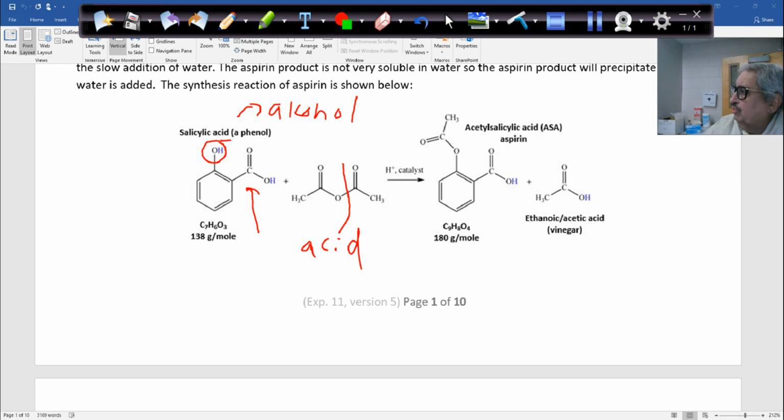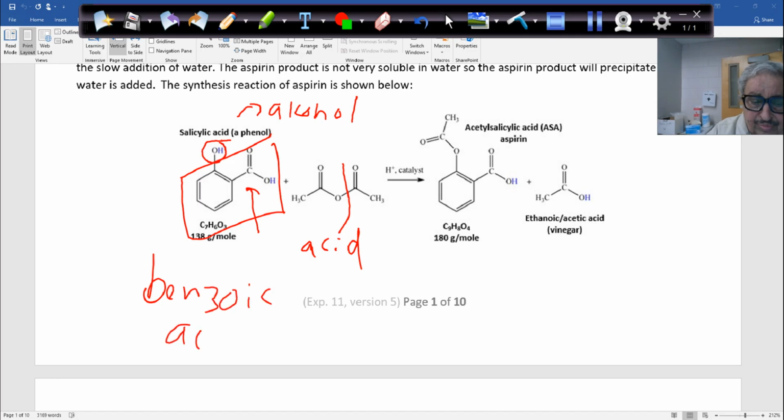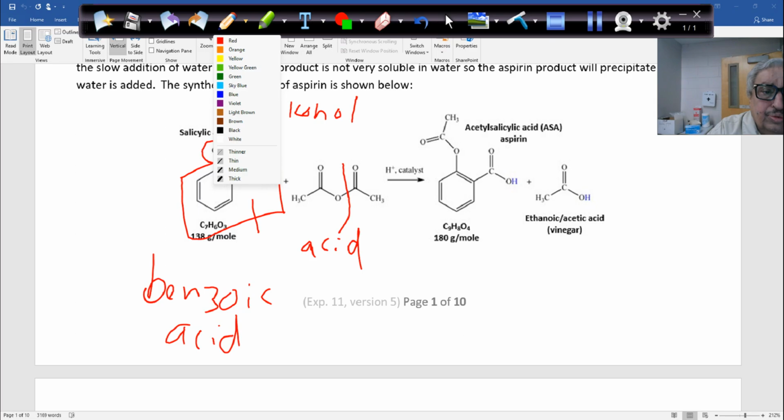So this is benzoic acid. And this is number 1 here, correct? If you look on number 1, this is carboxylic acid 1, this is 2, this is 3. So let me just write it again in a different color.